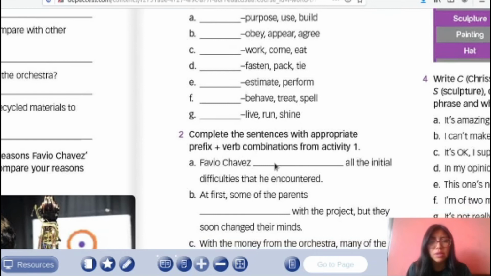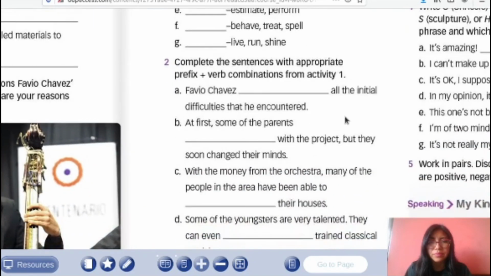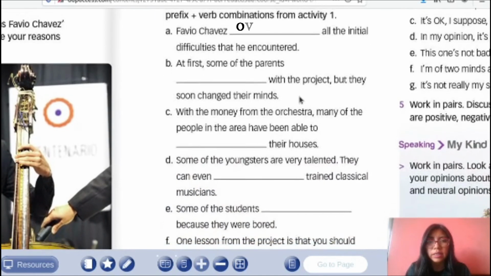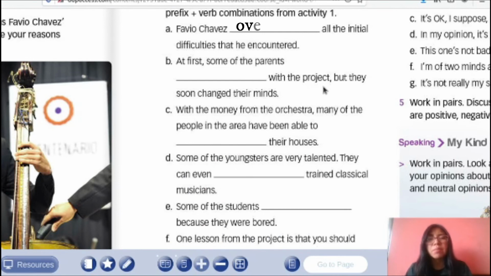Fabio Chavez overcame all the initial difficulties that he incurred. At first, some of the parents, with the project, but they soon changed their minds. Okay, so what word are we going to use? Disagree. At first, some of the parents disagreed with the project, but they soon changed their minds.